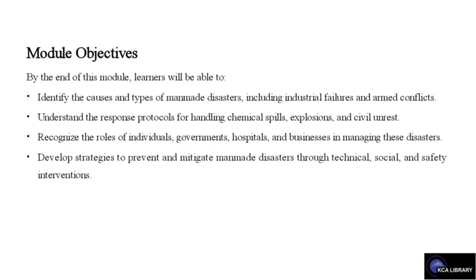You'll also be able to recognize the roles of individuals, governments, hospitals, and businesses in managing these disasters. You'll also be able to develop strategies to prevent and mitigate man-made disasters through technical, social, and safety interventions.